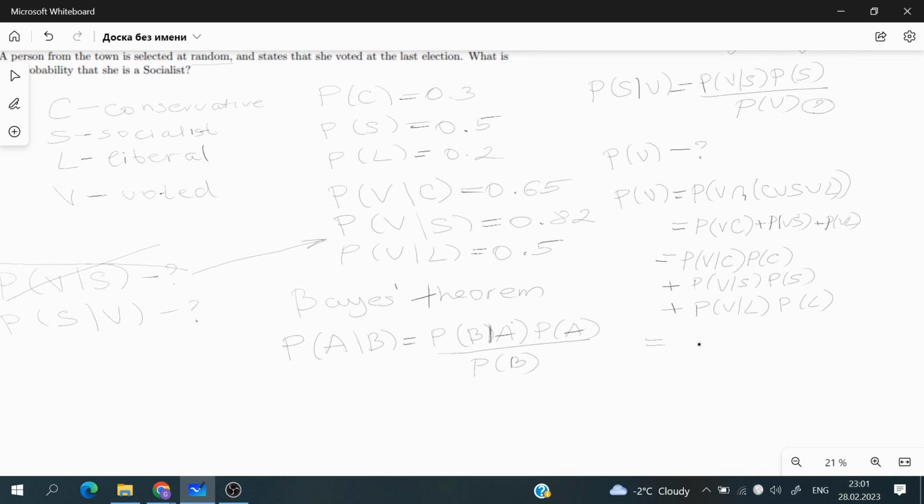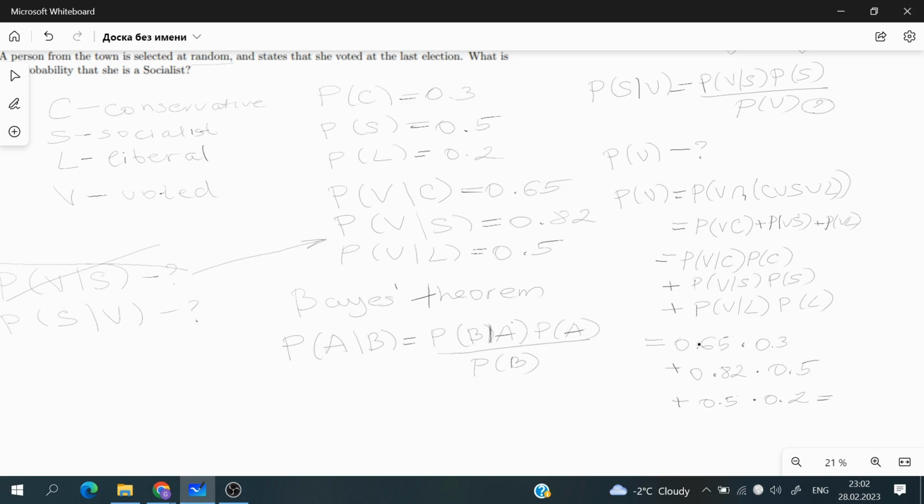It is given that this equals 0.65 times 0.3, plus V given S equals 0.82 times 0.5, plus 0.5 times P of L equals 0.2.